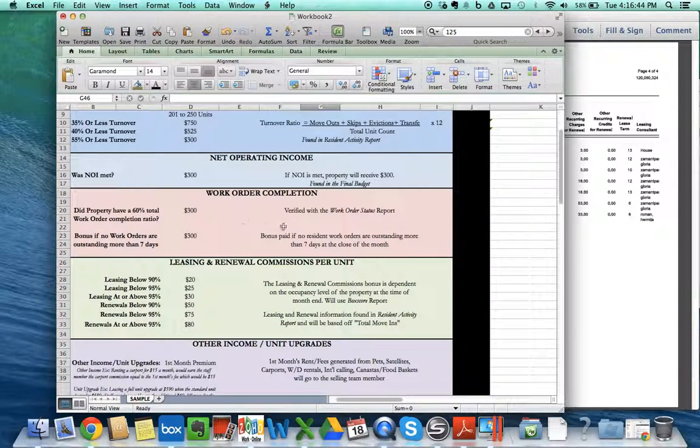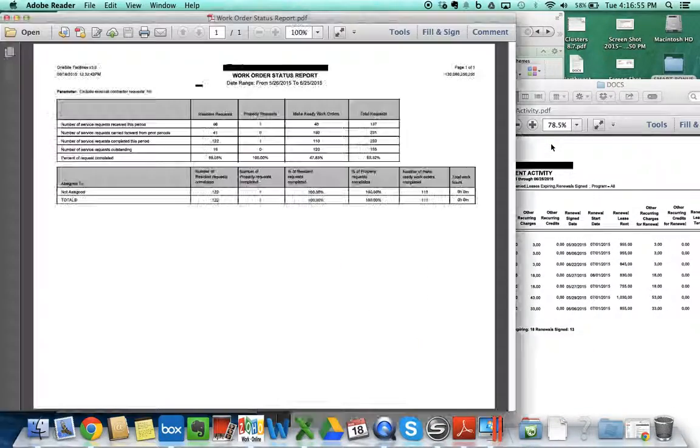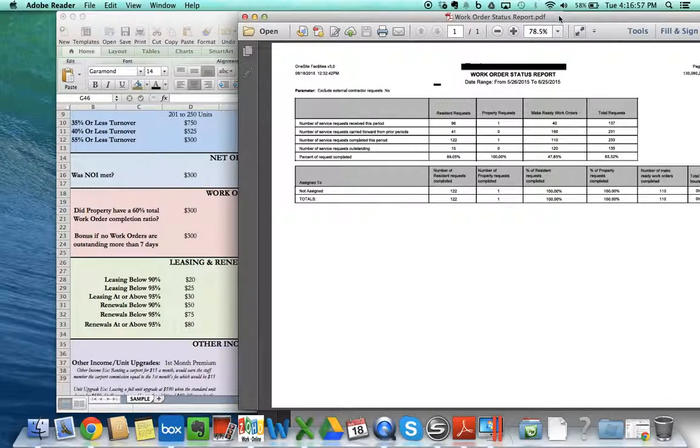Third section is the work order completion. In order to check on the work order completion ratio, we have to look at the work order status report. What we want to do is make sure that we are looking at the work orders that are completed for our residents.